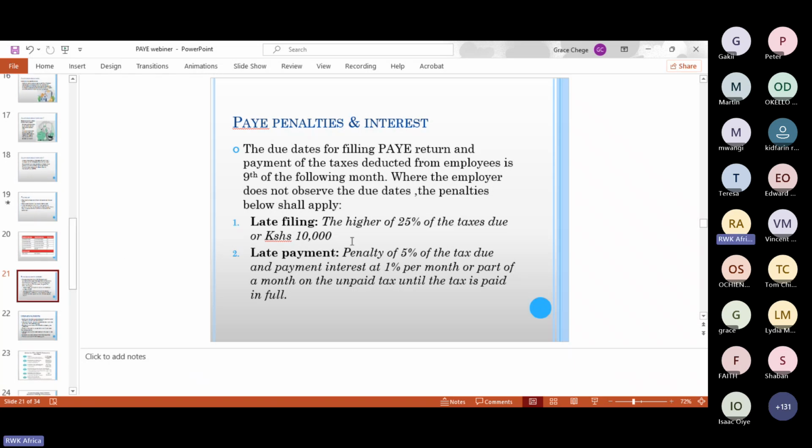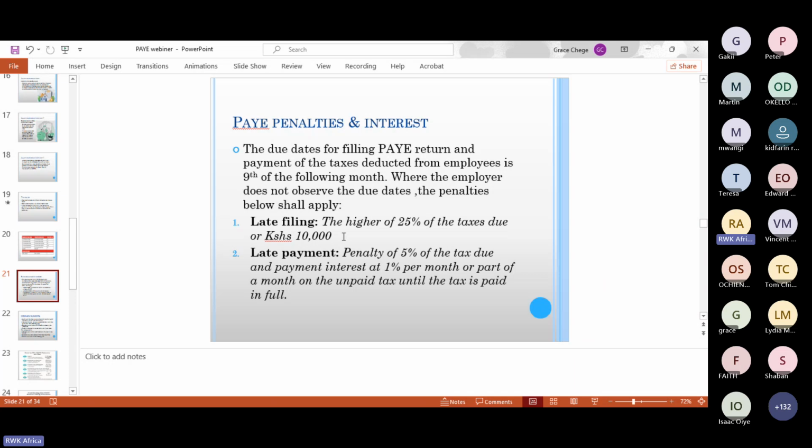So when we were starting our discussion today, I mentioned the tax cycle where you're supposed to register for this obligation as an employer, file, and then pay, then later deal with matters arising such as penalties and interests. So if you have registered for this obligation and you fail to file on time, the penalty is the higher of 25% of the taxes due, or 10,000 Kenyan shillings.